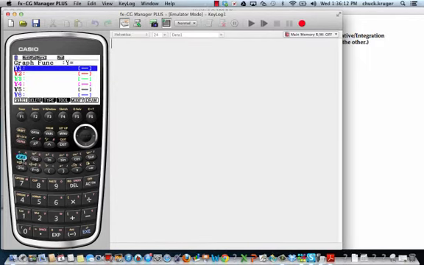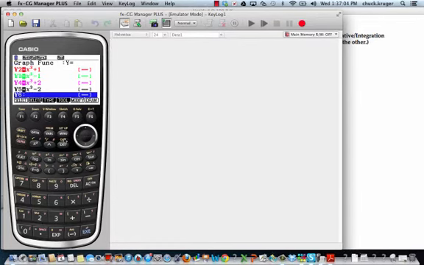I'm going to enter x cubed, then x cubed plus 1, x cubed minus 1, and a couple more: x cubed plus 2 and x cubed minus 2.